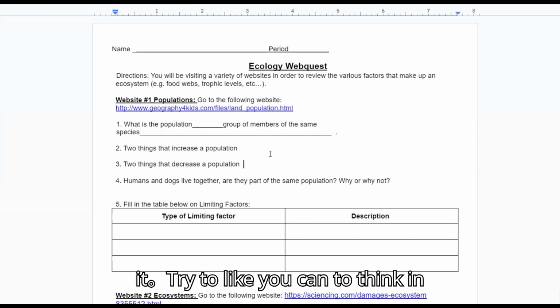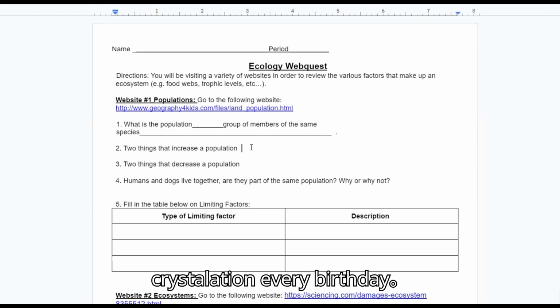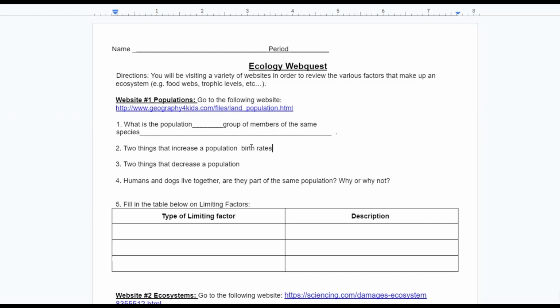All right, name two things that increase population. That would be birth rates, less predators, more food.